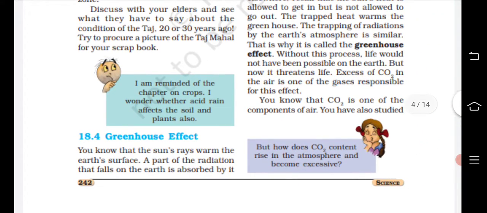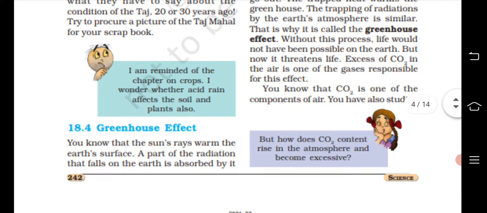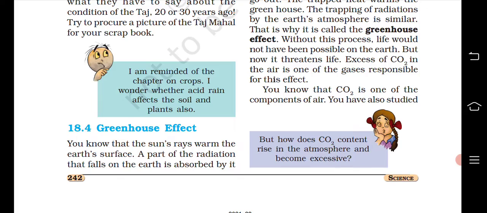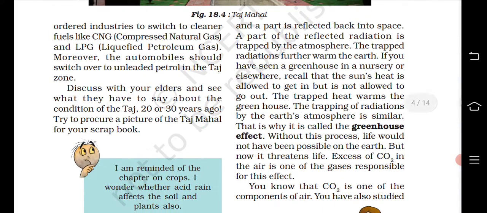You all know the sun's rays warm the earth's surface. Okay, and a part of the radiation that falls on the earth is absorbed, and a part is reflected back into space.